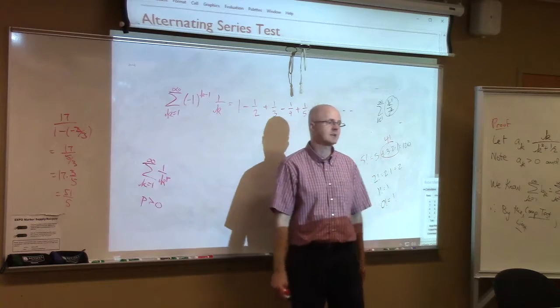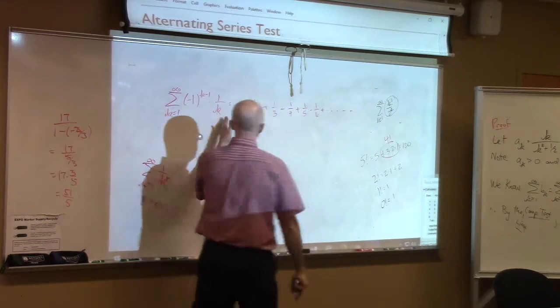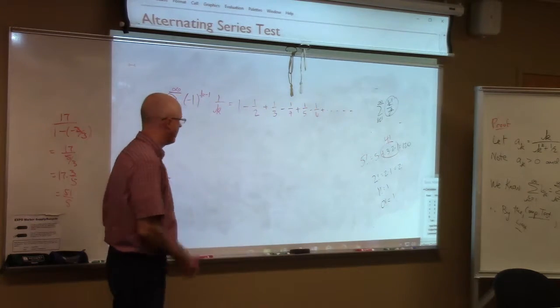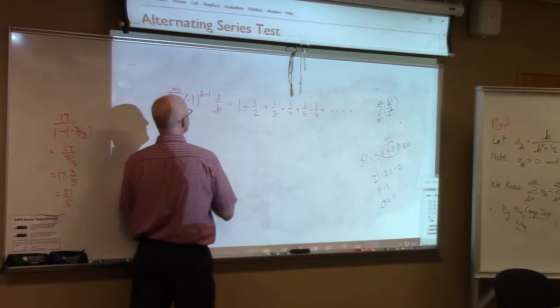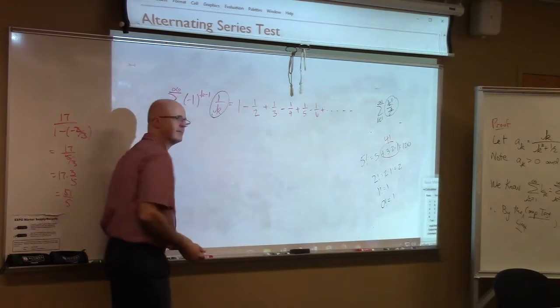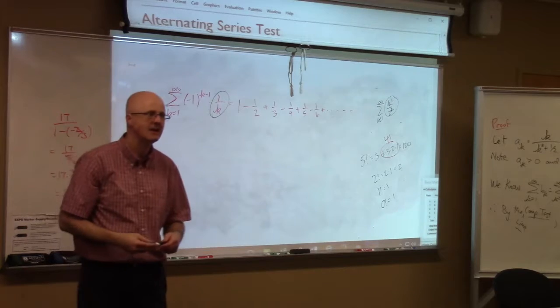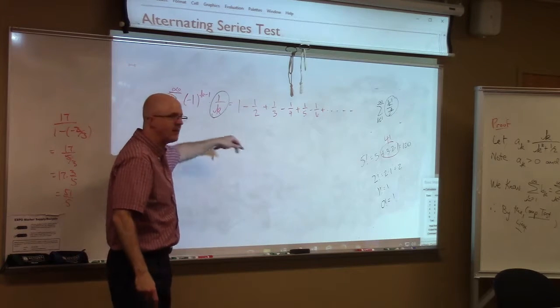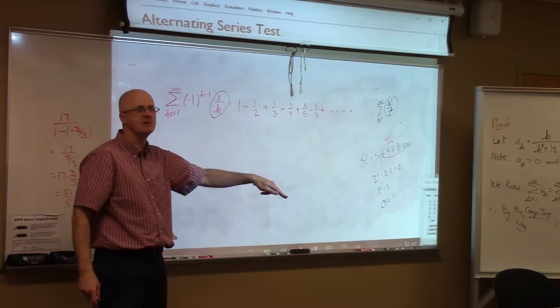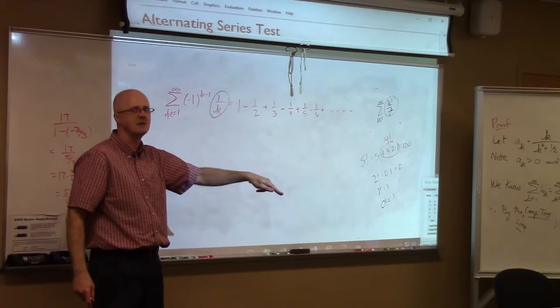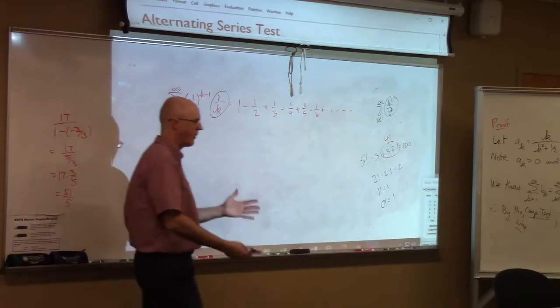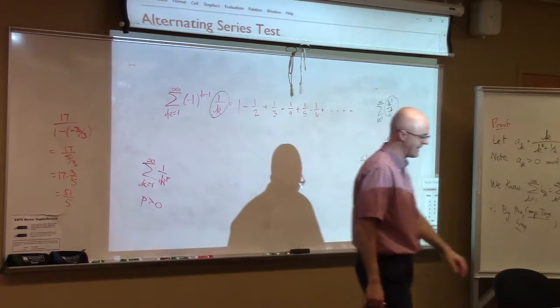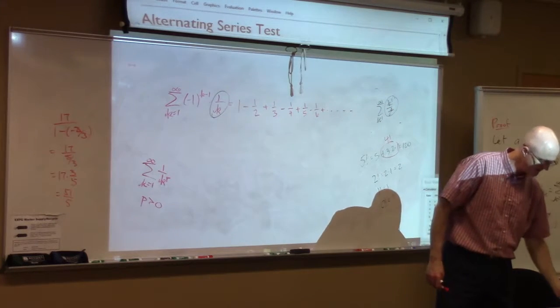In such a situation, where the series alternates in sign, and where the things that are getting multiplied by the -1 to the k minus first power in this case form a sequence that decreases to 0, that's a situation for the alternating series test, which you can look at on page 517.